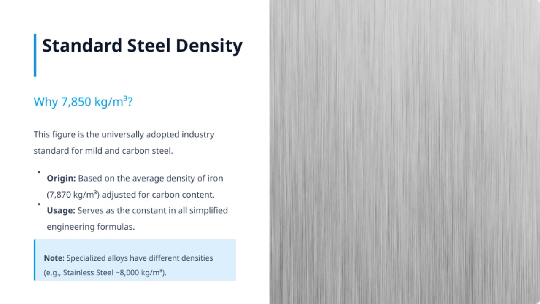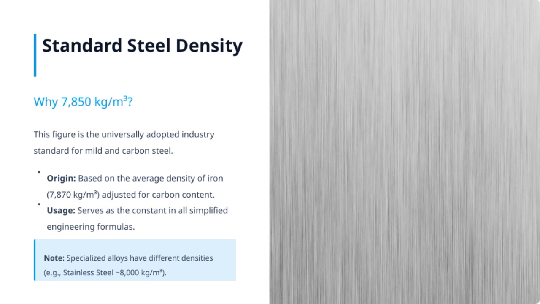Now, where does this number come from? It's based on the average density of iron, which is approximately 7,870 kilograms per cubic meter. This value is then adjusted slightly to account for the carbon content in steel. The figure we settle on, 7,850 kilograms per cubic meter, is actually the industry standard for mild and carbon steels.